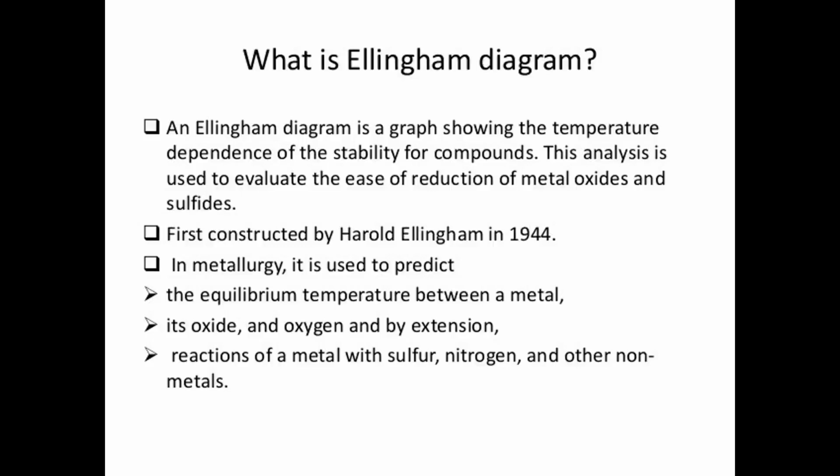In metallurgy, what is it used for? It is used to predict the equilibrium temperature between a metal, its oxides and oxygen, and by extension the reactions of a metal with sulfur, nitrogen and other non-metals.